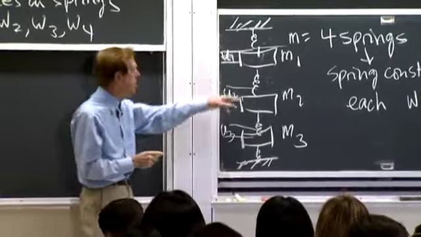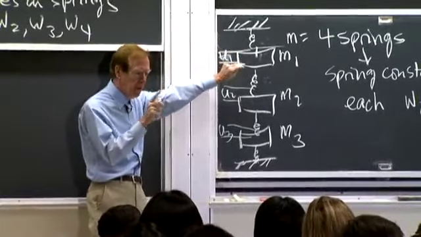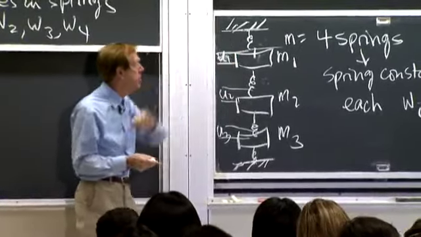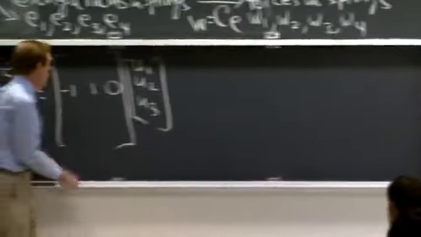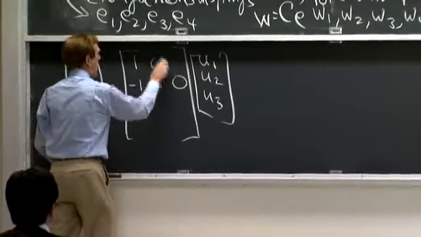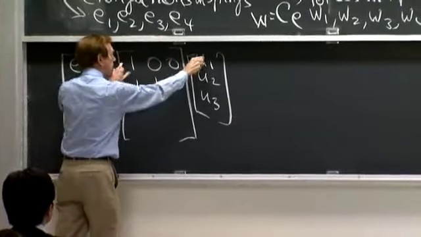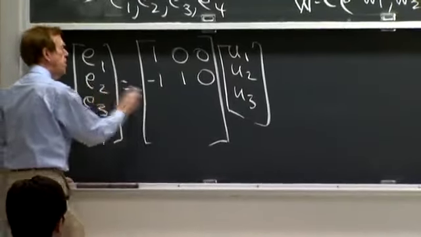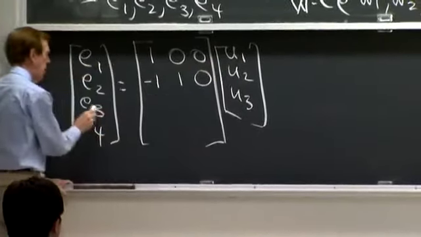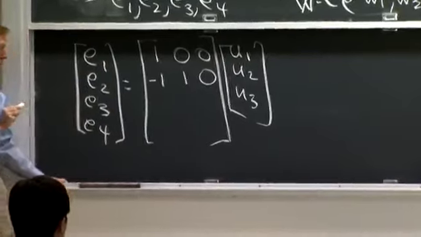Only U1, because essentially it's U1 minus U0, but U0 is set to 0 by the support. So E1 is U1, E2 is U2 minus U1, E3 is what?